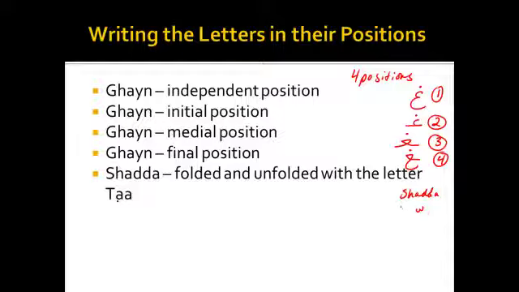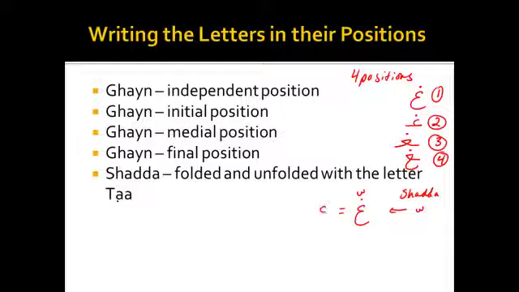And so let's look at this in terms of the Ghayn. So let's take the Ghayn here. I'm going to take the Ghayn like this. And if we had the Shadda on the Ghayn, it would look like this. Now, what this equals is actually two Ghayn letters.